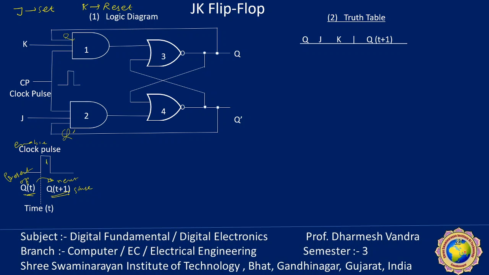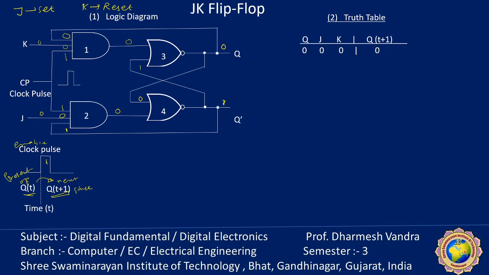Now there are 3 inputs, so 2 raised to 3, that is 8 combinations. First, all are 0, 0, 0. Q is 0, Q dash is 1. J is 0 and K is also 0. Clock pulse is 1. For the first gate, 0, 0, 1, the AND operation gives 0. For the second, 1, 0, 1, the AND operation gives 0.